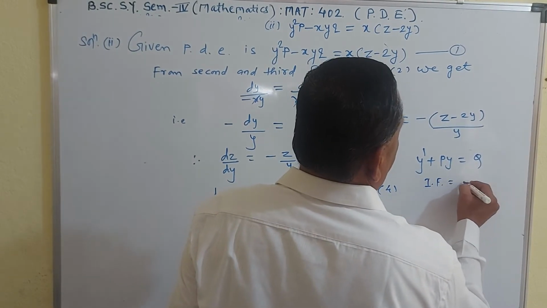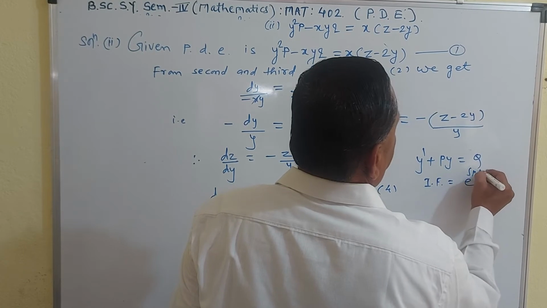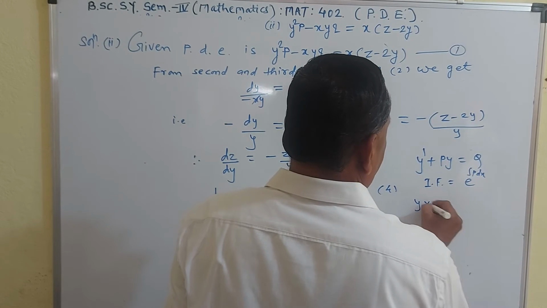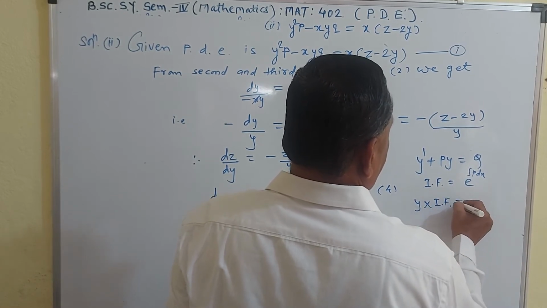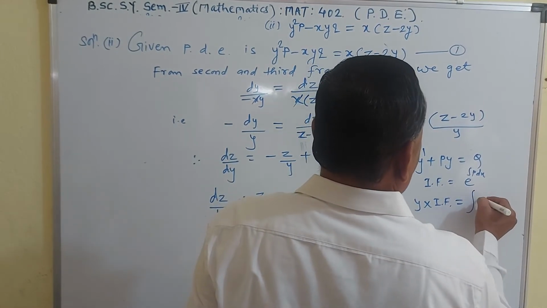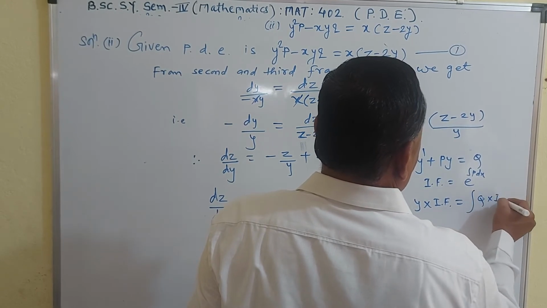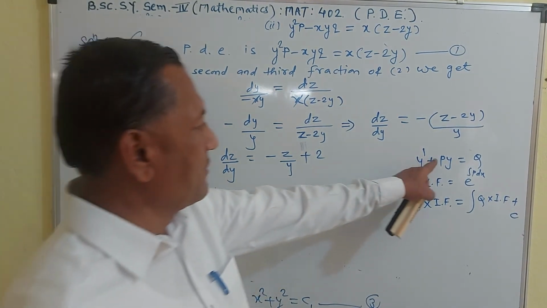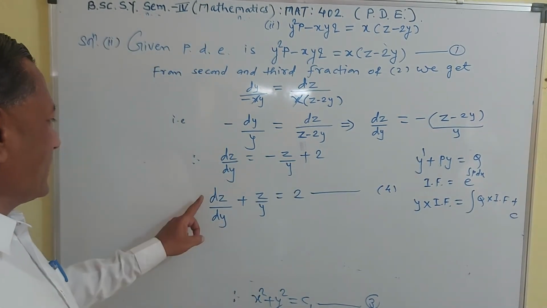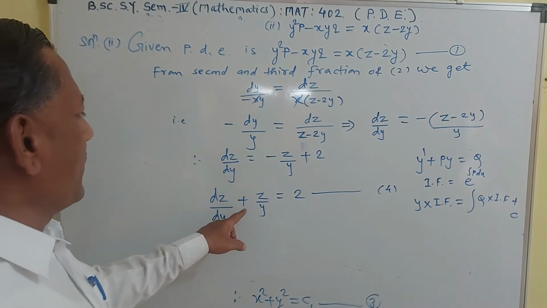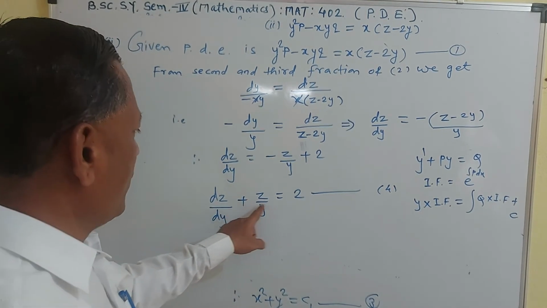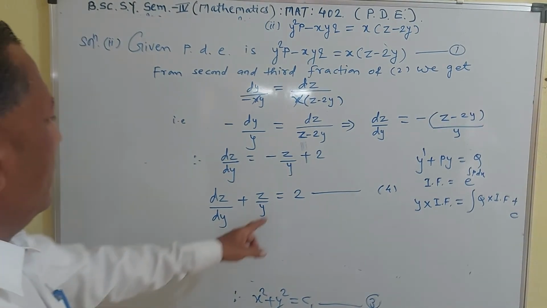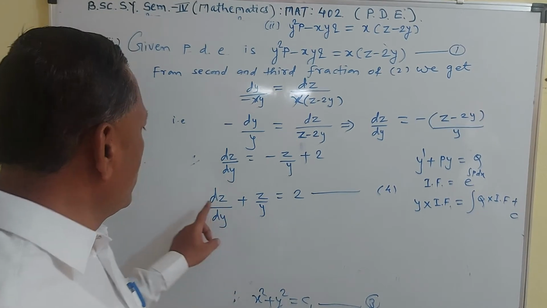The integrating factor is e raised to the integration of P dx, and its solution is given by y times the integrating factor equals the integration of Q times the integrating factor plus some constant. Same here, instead of y′ we have z′: z′ + (1/y)z = 2.